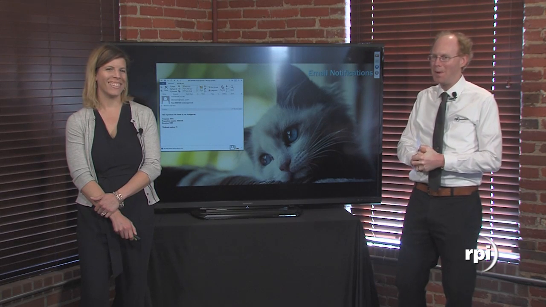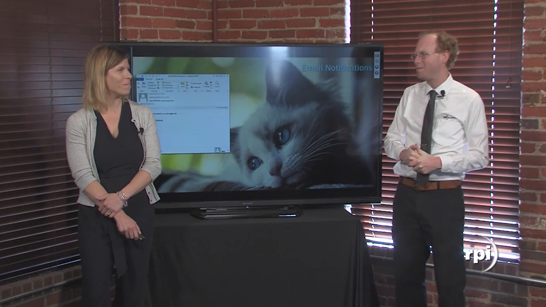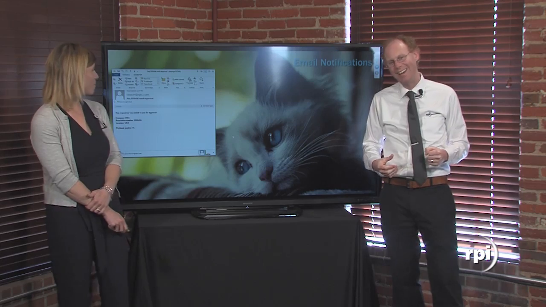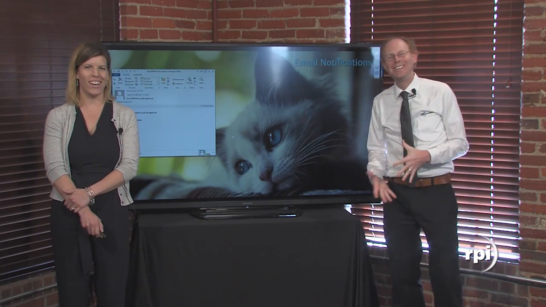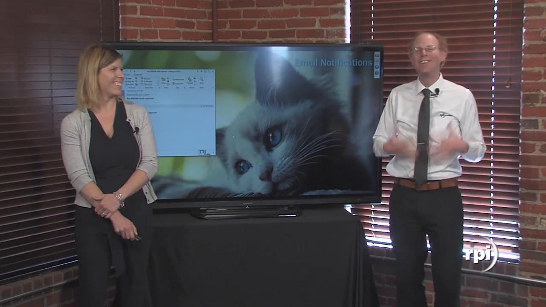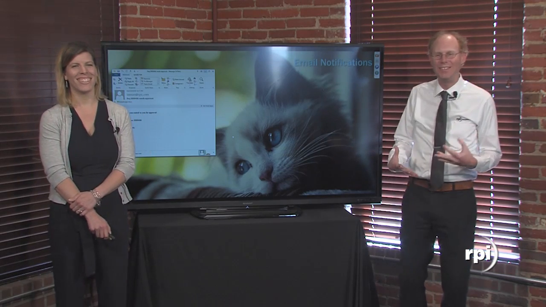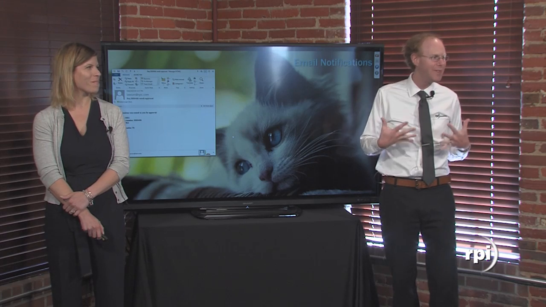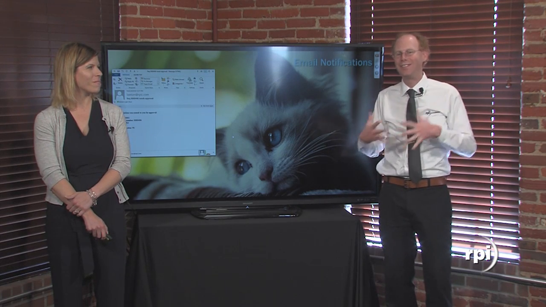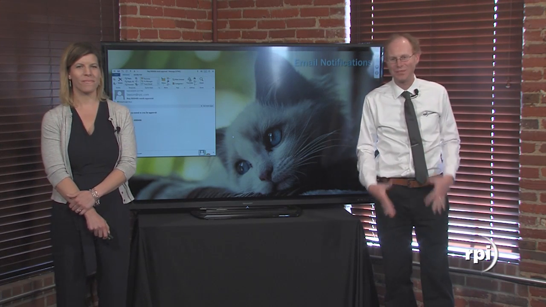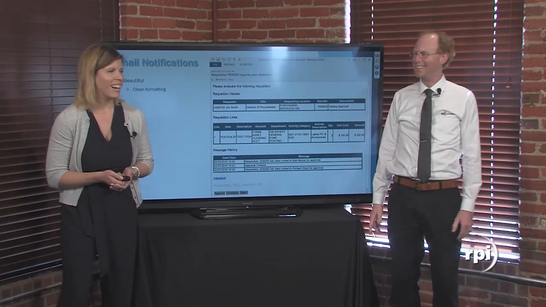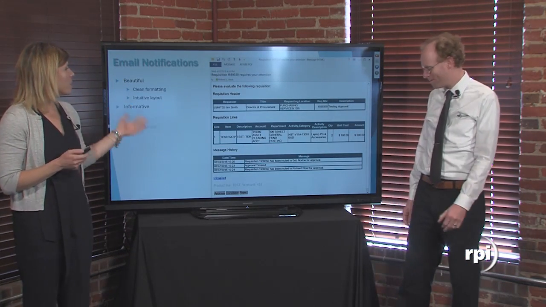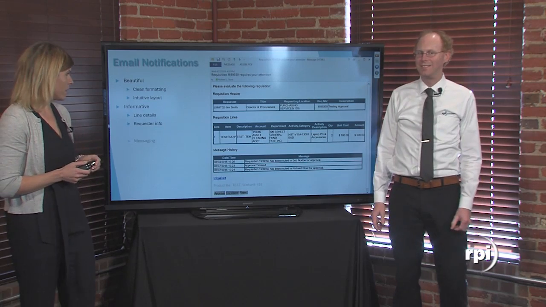Are simple, basic email notifications making your approvers sad? Do you long for more information in your approval emails? Do you long for a more modern, clean look and feel to your approval email notifications? We have the answer. Here we can create some beautiful approval emails.